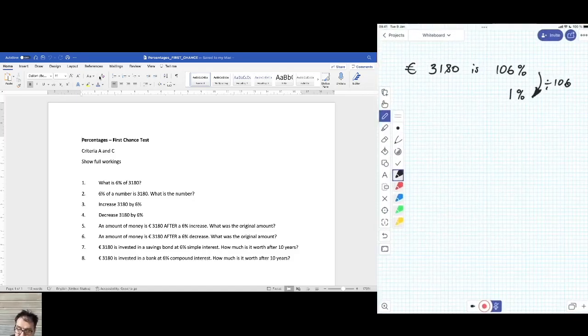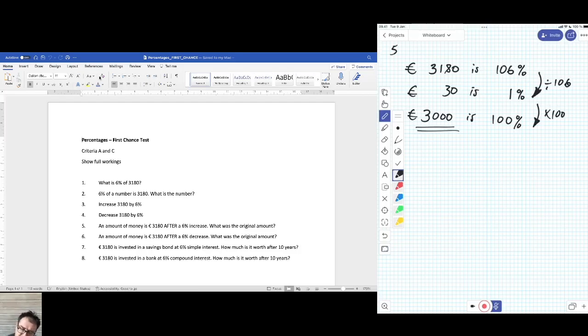So 30 euros is 1%, and then if you multiply everything up by 100, you get 100%. So 30 times 100 is 3,000. So 3,000 is the answer. 3,000 was the original 100%, 3,000 was the original amount.